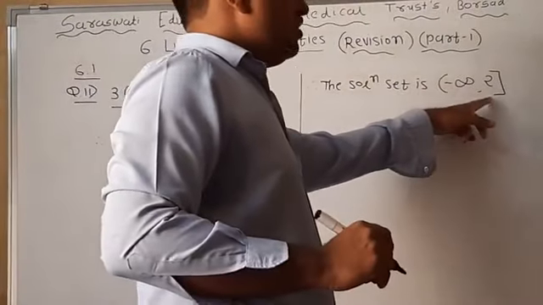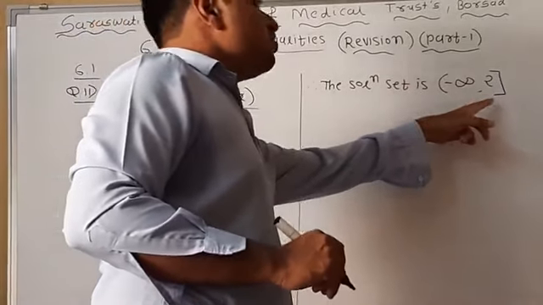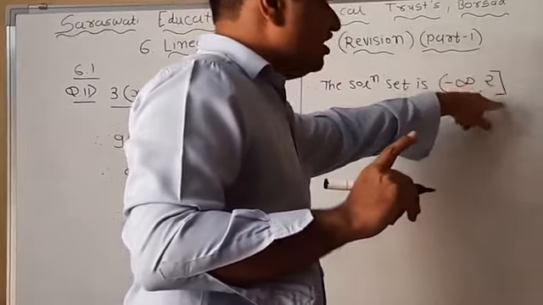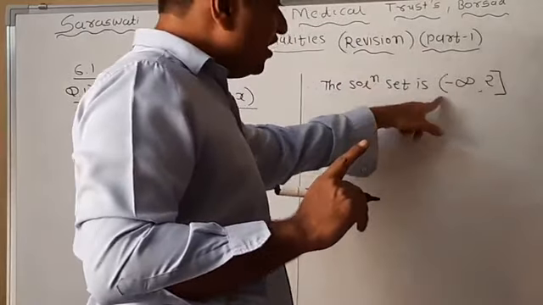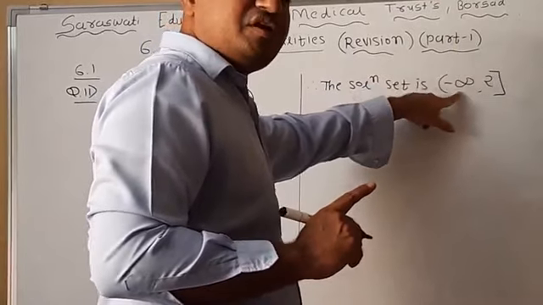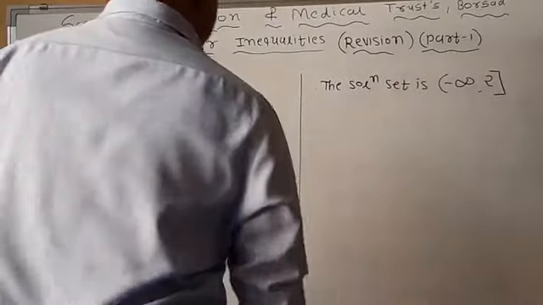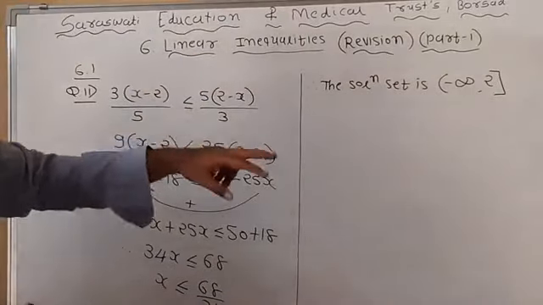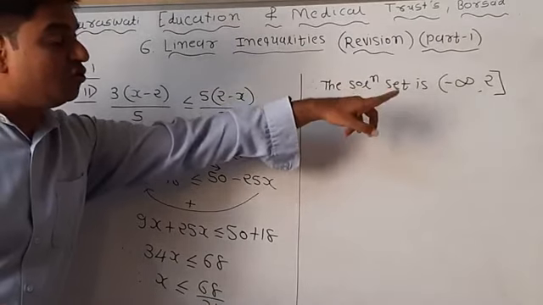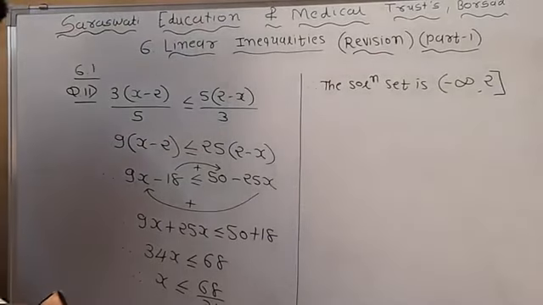Here we cannot write open intervals. Less than or equal form is present, so that's why we must write closed interval form. But always remember, infinity and minus infinity are represented in open interval form. So our answer is open-closed. How can we read this interval? Read it as open-closed interval minus infinity to 2. Next question.